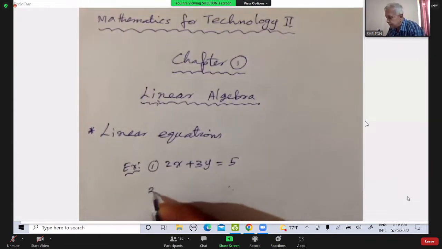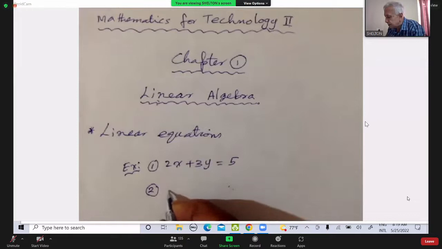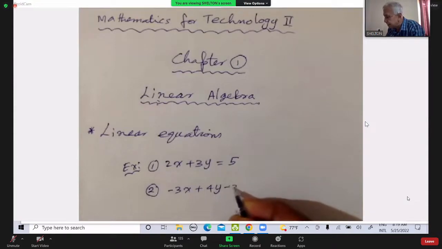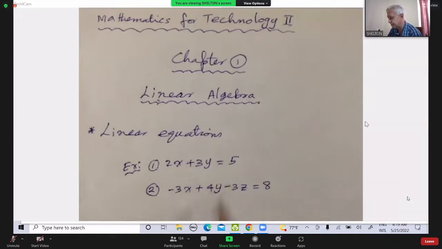Shall we give another one? For the second example, let us make the number of variables more than 2. Say 3 variables, something like minus 3x plus 4y minus 3z equals 8. That is an example of a linear equation. How many variables are there? Variables x, y, and z, so 3 variables, and these are constants: minus 3, 4, minus 3, 8.